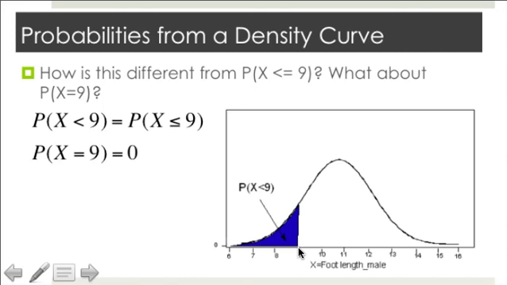So if you take that width and multiply it by this height right here, well, a length of some positive number times a width of 0 is still going to give you an area of 0. So the right edge here produces no new area for you, and so these two probabilities are actually equal to each other. Kind of interesting and odd, but it's a byproduct of the geometry involved.